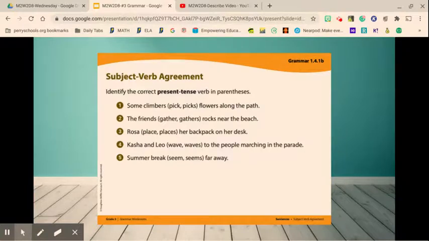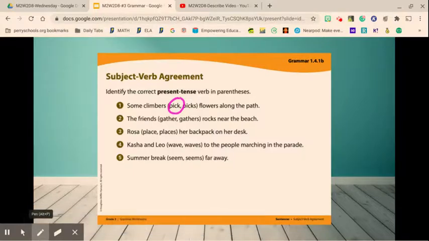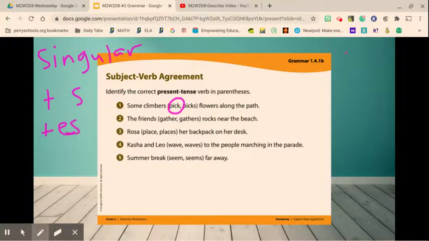And plural verbs do not have the s added to it. So I'm going to say pick. Some climbers pick flowers along the path. Singular, we're going to add s, or we might add es. Plural, we are not going to add anything. So I'm just going to say nothing.